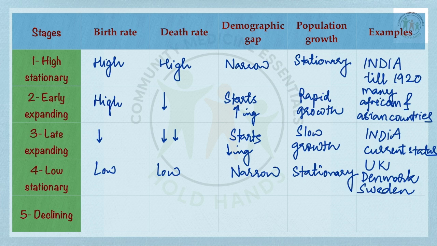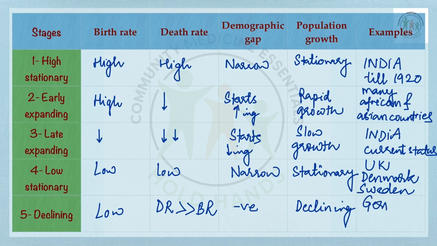Here birth rate is low, but death rate exceeds birth rate. So demographic gap will be negative and population will be declining. Germany and Hungary are in stage 5.